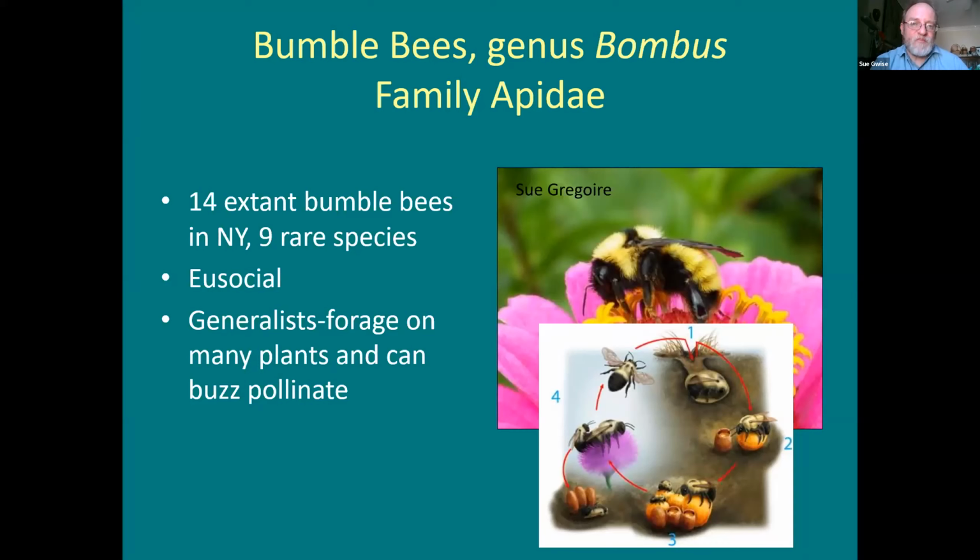In New York, we like to talk about bumblebees because they're adorable and important pollinators and in serious conservation decline. So we have 14 extant species in New York, and that's extant meaning still existing, because I think there are 4 that are historical from New York, meaning no longer found.